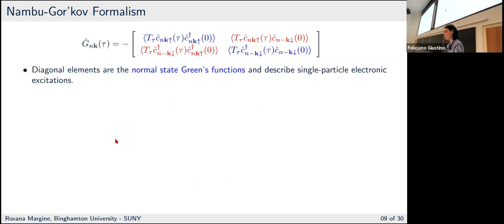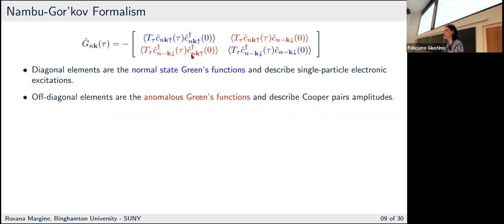In this case, we can notice that the diagonal terms are called the normal state Green function. You can see that it is exactly the same term that Feliciano was showing. Here the electrons have the same momentum and the same spin, so basically you create and then you destroy an electron.